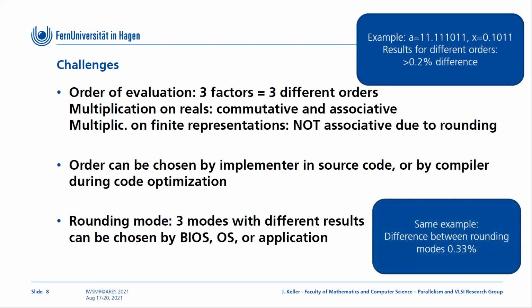Even for the same execution order, for the same numeric example, choosing the 3 different rounding modes can lead to relative differences of 0.33%, which is also notable.